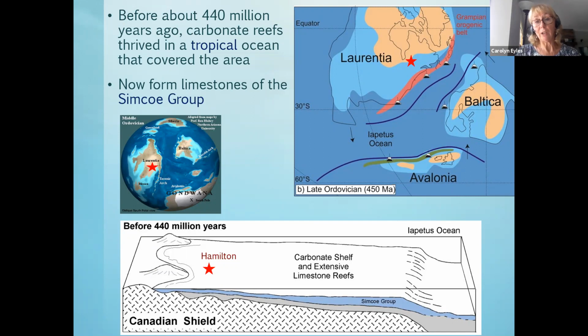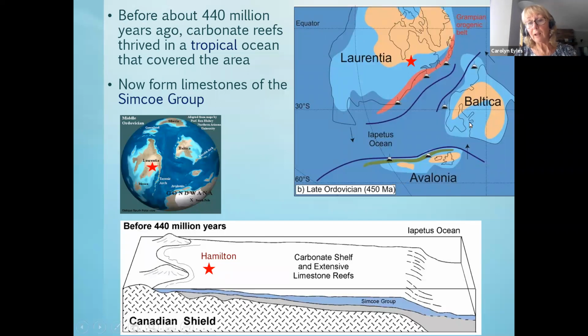So there's Laurentia, and Hamilton was lying on the edge of the continent at that time. And to the east was this broad seaway in which these limestones were accumulating. And these are the limestones of the Simcoe group, which underlie most of the deposits that we can see exposed on the escarpment. However, there's one thing I want to point out here: look at Baltica on this diagram here.